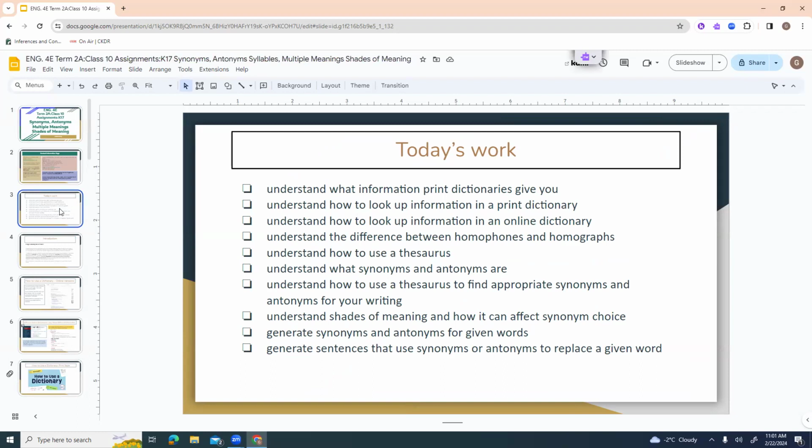Understand what synonyms and antonyms are. Understand how to use a thesaurus to find appropriate synonyms and antonyms for your writing. Understand shades of meaning and how it can affect synonym choice, and generate synonyms and antonyms for a given word. Generate sentences that use synonyms or antonyms to replace a given word.